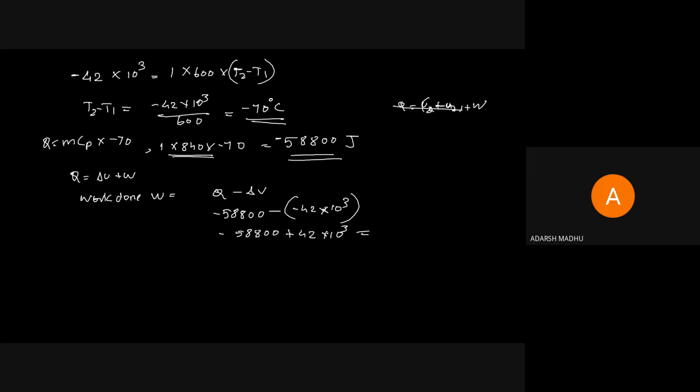Work done W equal to, what did you get? It is a negative value, right? Negative 16800. Very good. Negative 16800 joule. So you can also write it as minus 16.8 kilojoule.